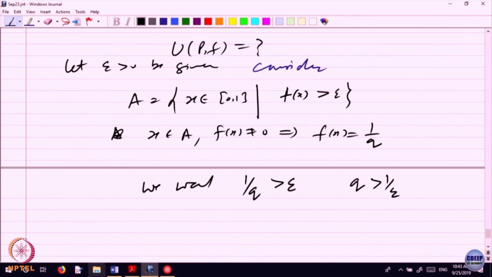No, other way around, q is less than 1 over epsilon.